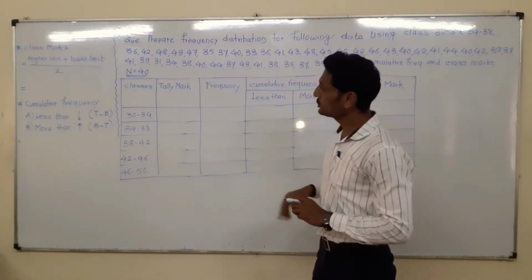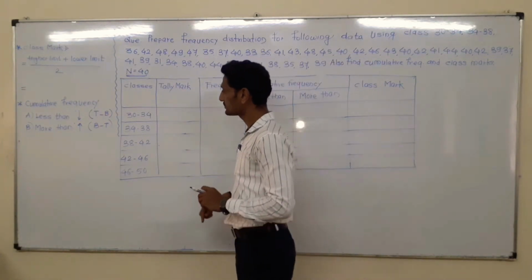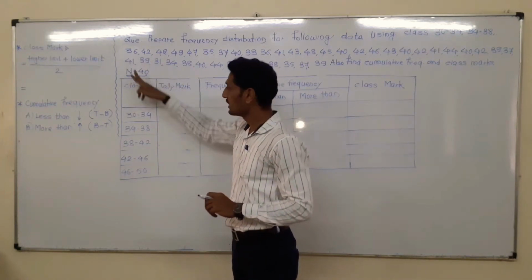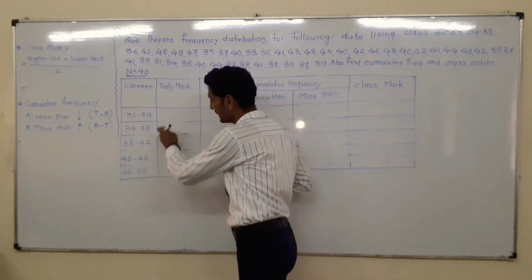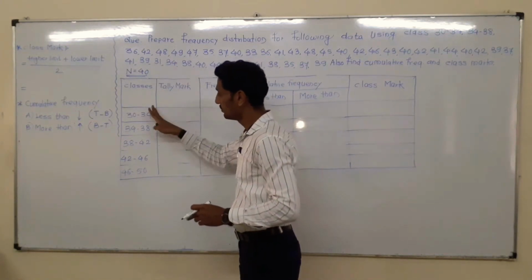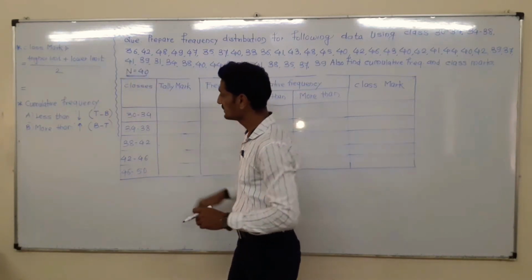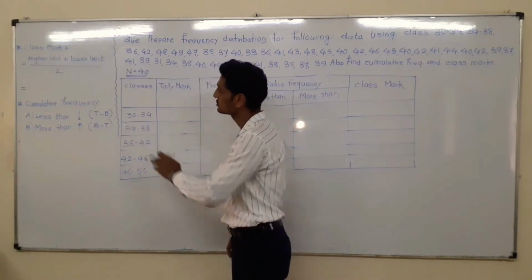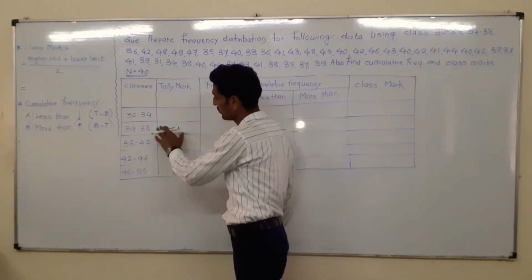Now I am going to find the tally marks. For each number I will mark a bar in the class it lies in. Suppose 36 lies between 34 to 38, so I will draw a line here for this one.